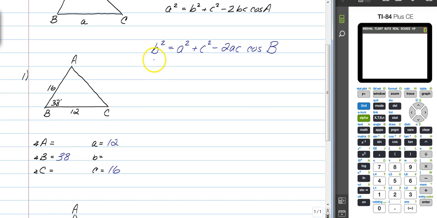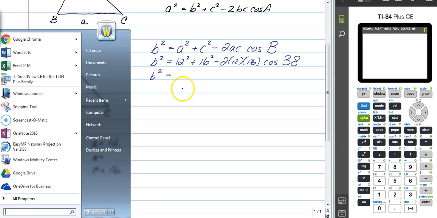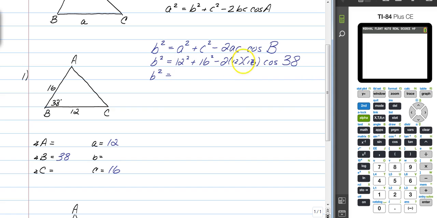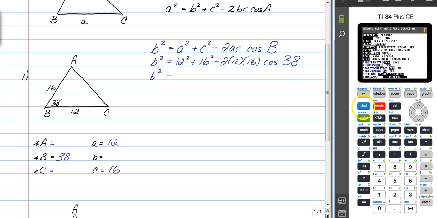So our formula is going to read b squared is equal to 12 squared plus 16 squared minus 2 times 12 times 16 times the cosine of big B, which is 38. This is the easy one for the calculator because b squared is just equal to some gigantic number, whatever we get when we type that in. Of course, make sure that your calculator is in degrees.